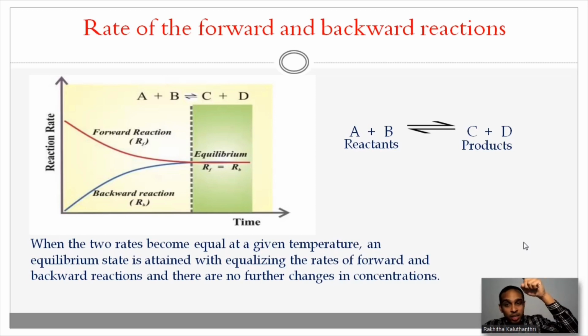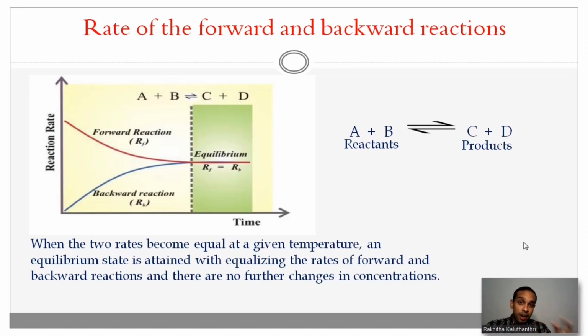So the rate of the forward reaction keeps coming down, and the rate of the backward reaction keeps coming up. At one point, these two reaction rates become equal. That particular point is referred to as the equilibrium point or equilibrium state, and you can clearly see that in this graph, right? So again, at the equilibrium state, the reaction is still happening.